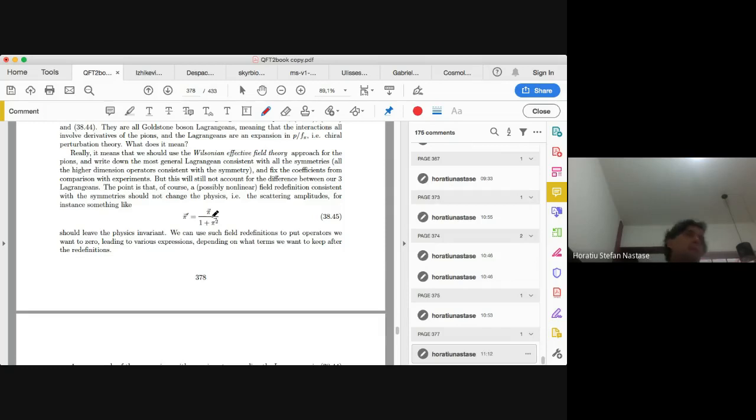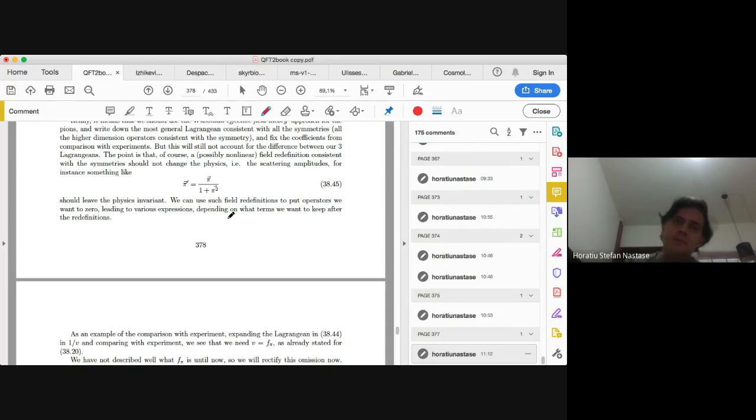So it keeps the symmetry, and it's also equal to the identity at the linear level, right? So at the linear level, I just have pi prime equal to pi. It's only at nonlinear level that things differ. So such a transformation would not change the physics. That's a general rule.